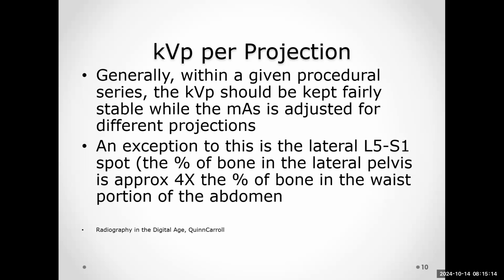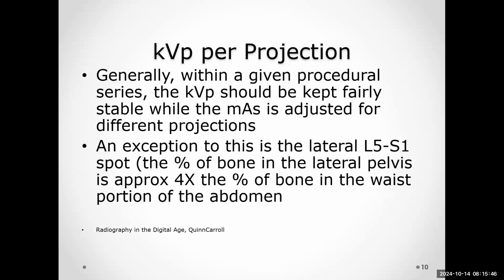The one exception, or of course there's probably more than this, but at least one exception to this is the lateral L5-S1 spot. Your lumbar spine ends down here in your pelvis at your sacrum. So your 5th lumbar and your 1st sacral vertebral bodies sit right between the wings of your pelvis.